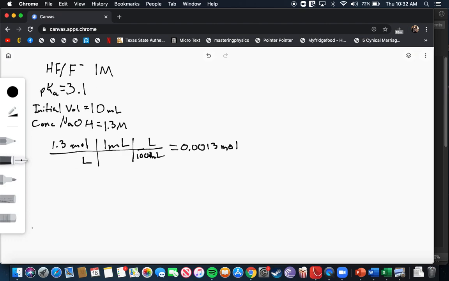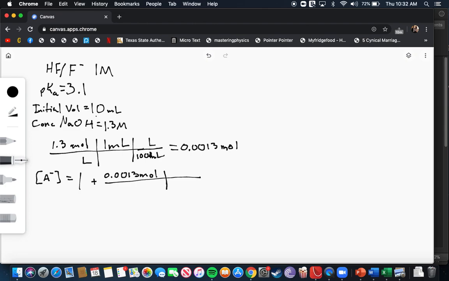So the second step is going to be finding the new concentration of your weak acid and its conjugate base. So the new concentration of your conjugate base is the initial concentration, so 1, plus whatever amount of fluoride is created from the reaction. So that is the number of moles divided by the new total volume.